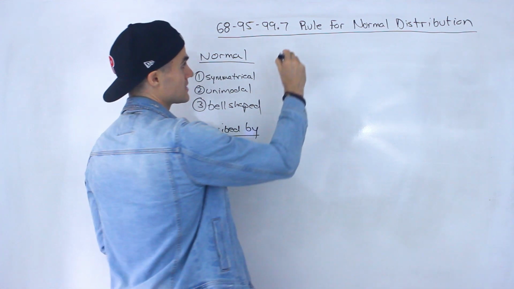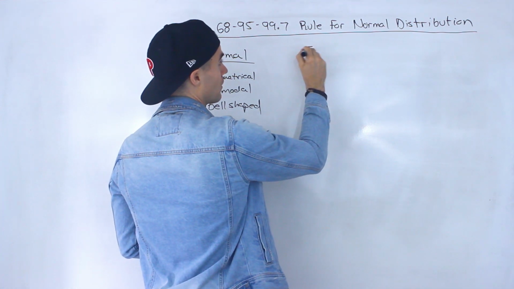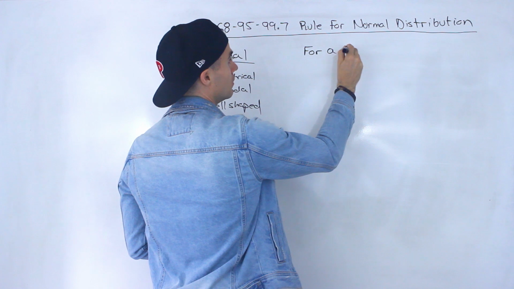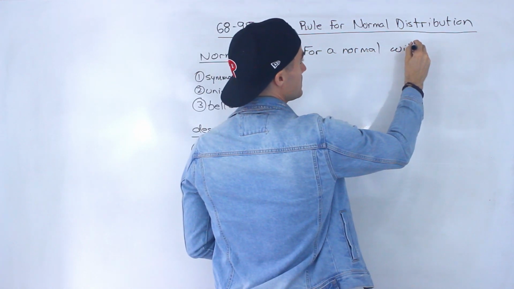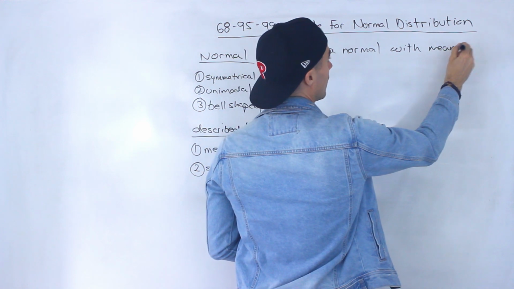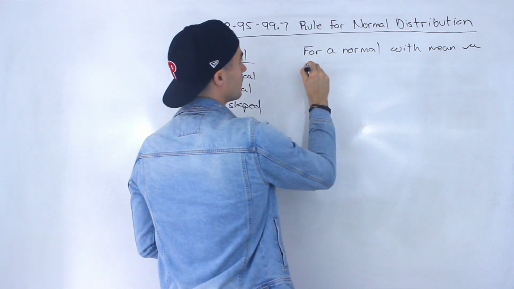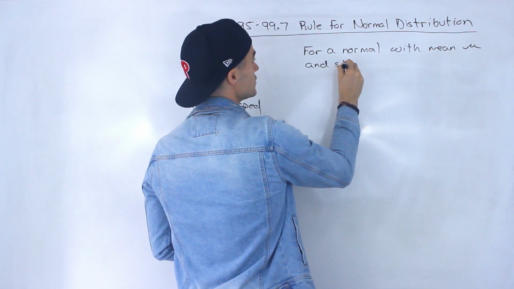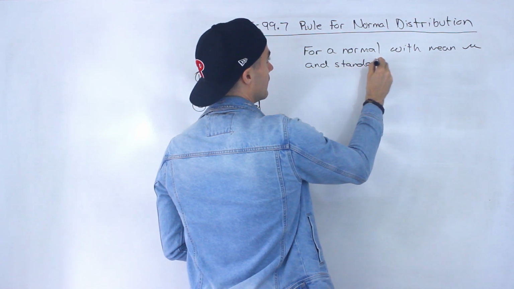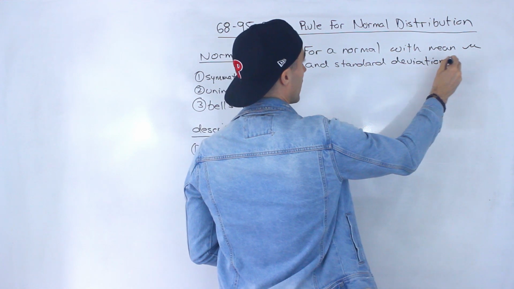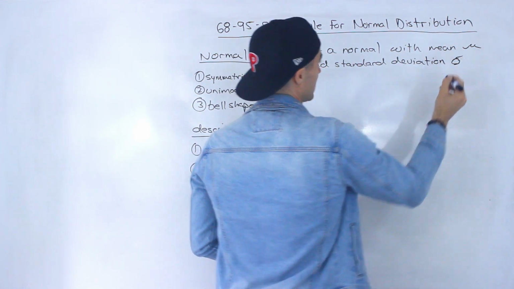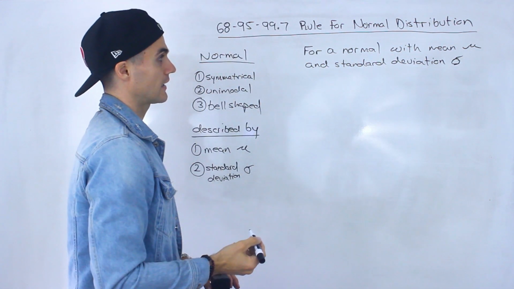And what the rule states, let's say for a normal with a mean of mu and standard deviation sigma, so we're going to keep it general for now, is that there are basically three cases that can happen.